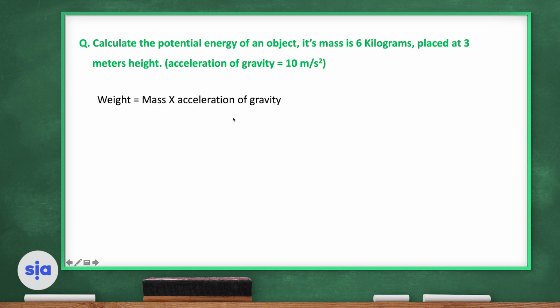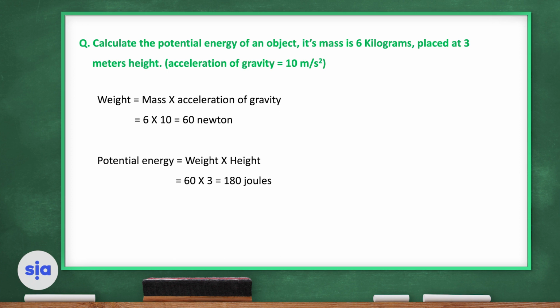We agreed that potential energy is equal to weight times height. Here it is the mass, so we have to get the weight. Weight equals mass multiplied by acceleration of gravity. So 6 times 10 equals 60 Newton. Then potential energy is equal to weight multiplied by height equals 60 times 3 equals 180 joules.